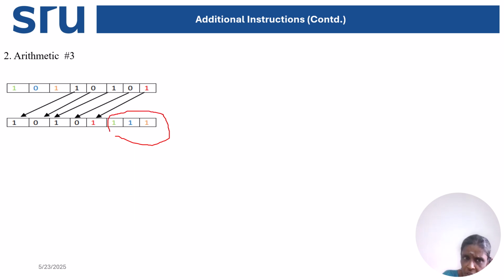Previously these bits were replaced by 0 in case of logical operation, but in case of arithmetic operation all 3 bits are replaced with 1, under the condition that those bits left from the MSB, either 0 or 1, no need to bother.